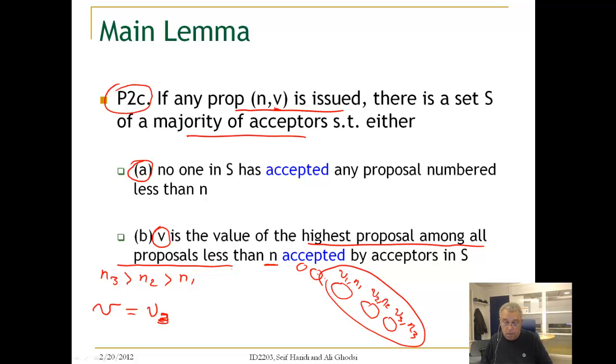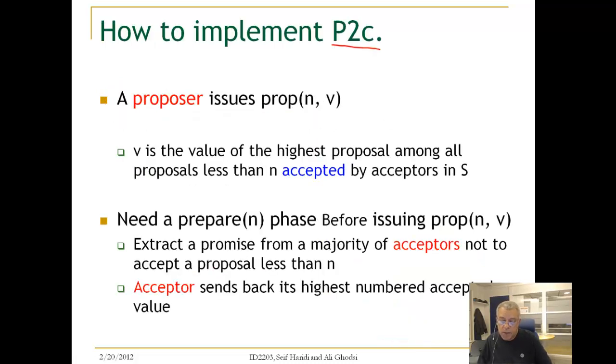Now, if you think about it, if a value is chosen, there will be a majority of acceptors that have this value. And whenever a proposer tries to issue a value, it has to inquire about this value from a set of acceptors. So now we want to see how to implement P2C.